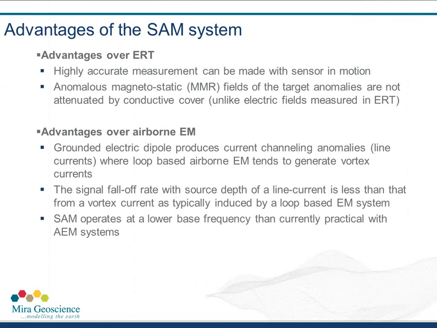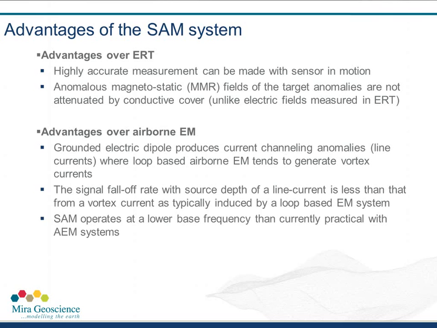It is a high signal to noise system, because of low noise with a moving sensor, and the magnetostatic fields of the target anomalies are not attenuated by the conductive cover. So the experience in Australia with the regolith is the same as here. You get your signal down into the ground below your target.